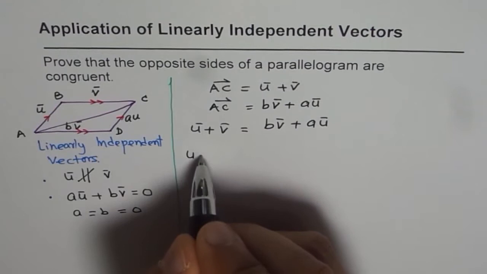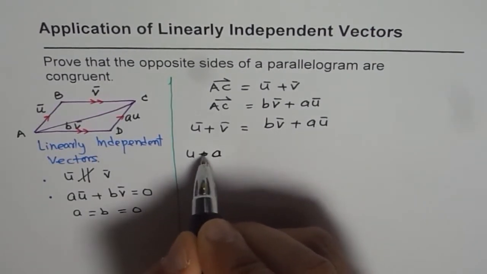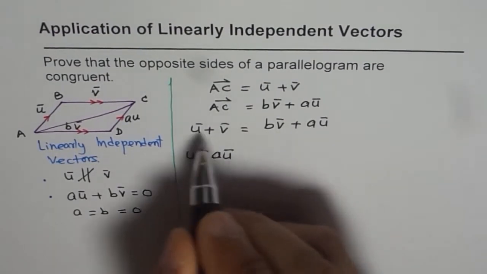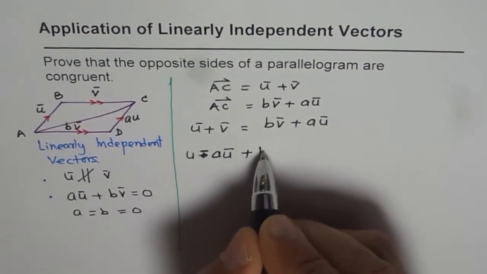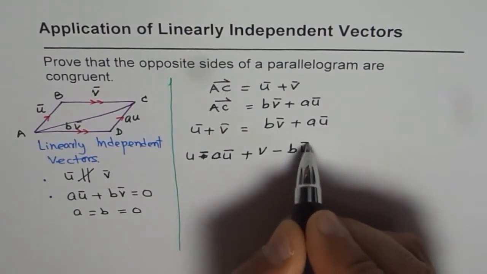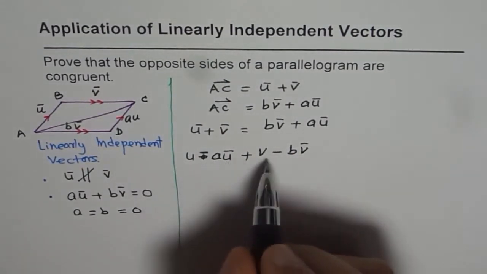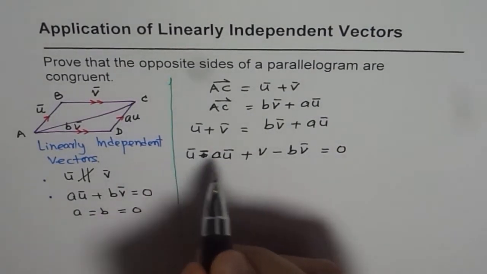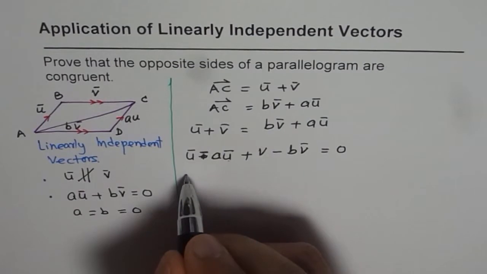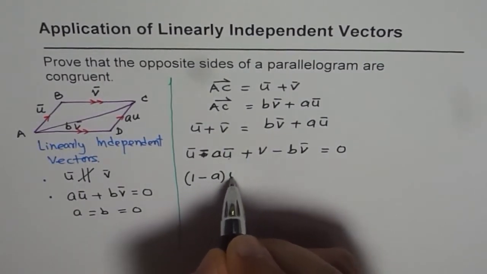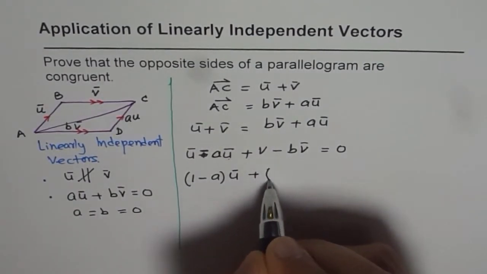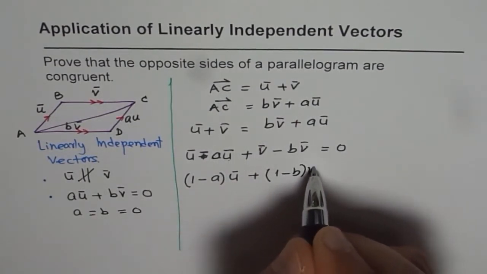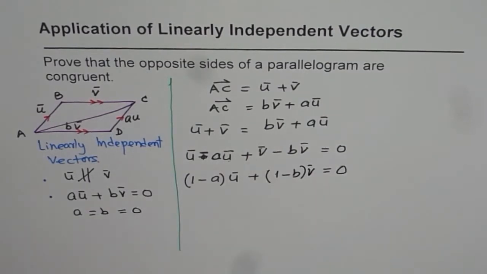We get u minus au plus v minus bv, rearranging them and writing both the vectors together, equals 0. Now if I take u common, what I get is (1 minus a) times u plus, if I take v common here, (1 minus b) v equals 0, correct?